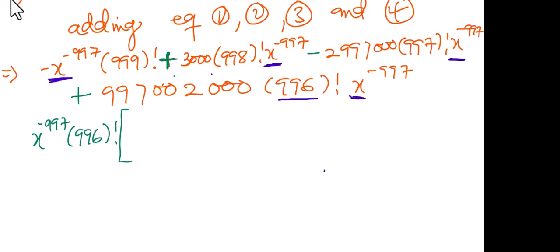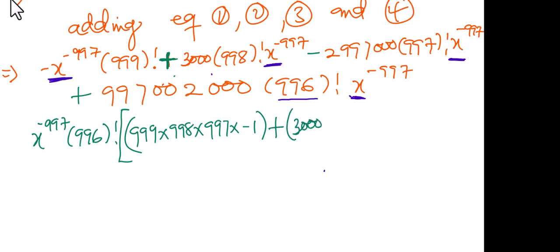Into brackets, what will be left here? We will now have 999 times 998 times 997 times negative 1, then plus 3000 times 998 times 997.